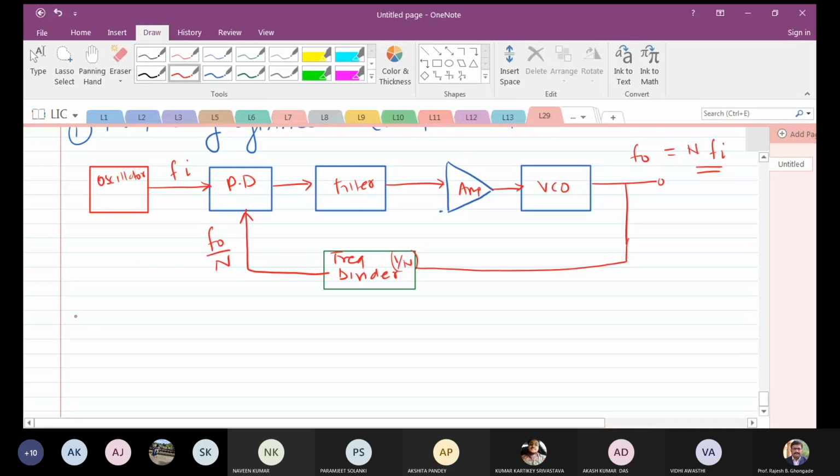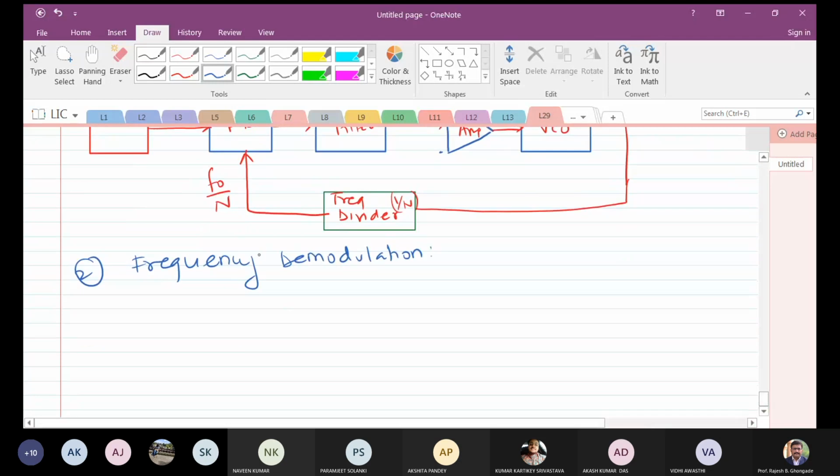So this is one application of PLL. Second application is for frequency demodulation. So you have the same blocks, I mean, PLL itself.